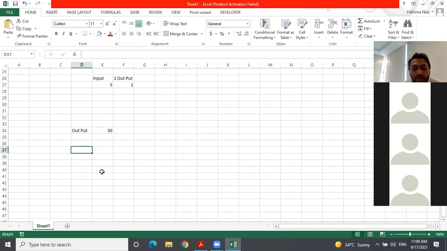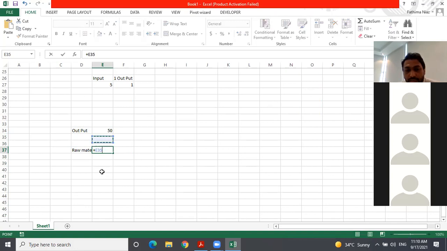So, how much should be your raw materials? That is 50 into 5, right? So when you purchase 250 raw materials only, then you can produce 50 units of output. Clear?